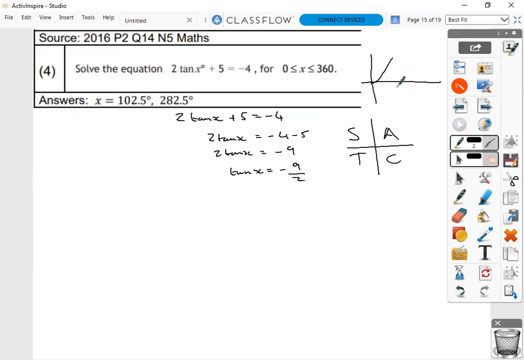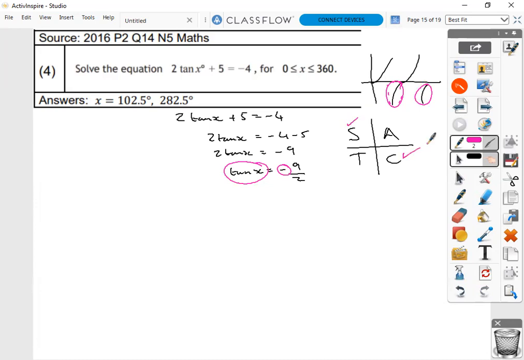Again, you don't need to draw the graph. So where is tan negative? Tan is negative between 90 and 180, and tan is negative between 270 and 360.